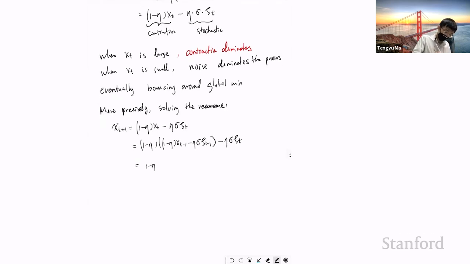If you rearrange this, you get (1 minus eta) squared x_{t-1} minus (1 minus eta) eta sigma c_{t-1} minus eta sigma ct. And if you do this for another level, you get (1 minus eta) cubed x_{t-2} minus (1 minus eta) squared eta sigma cos c_{t-2}, and so on.